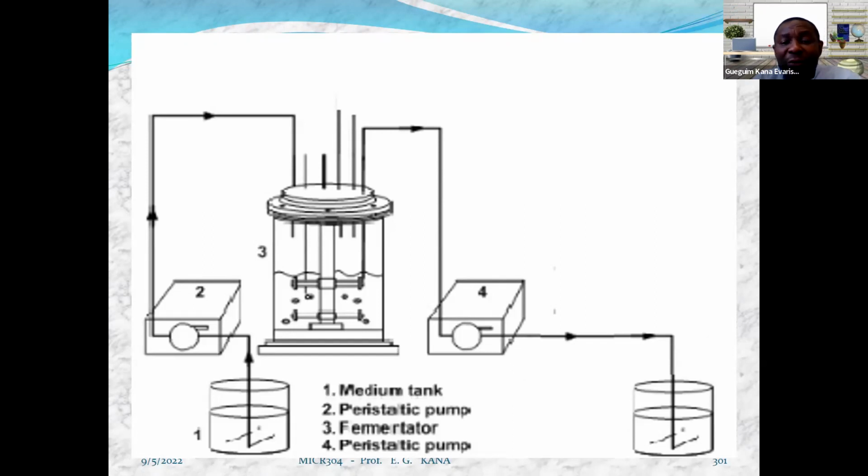And after 24 hours, a contaminant, that is X2, finds its way into your continuous system. And X2 can grow faster than X1, okay? If X2 multiplies faster than X1, that implies that the growth of X2 will match the dilution rate operating in this reactor.